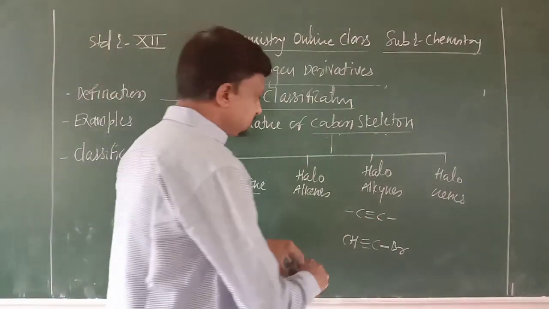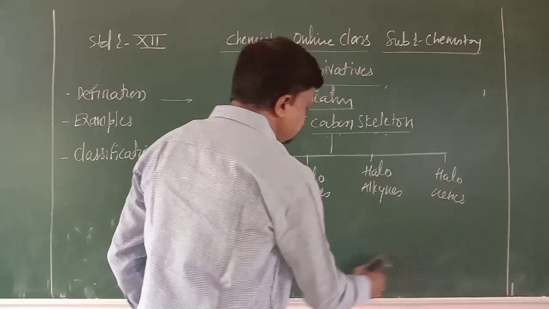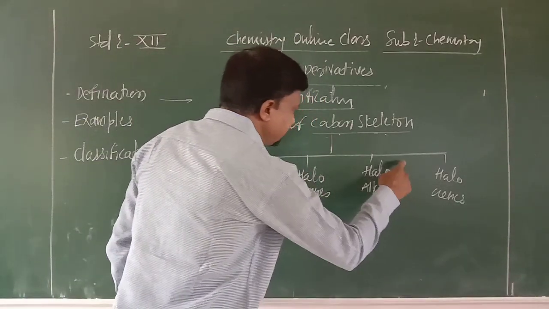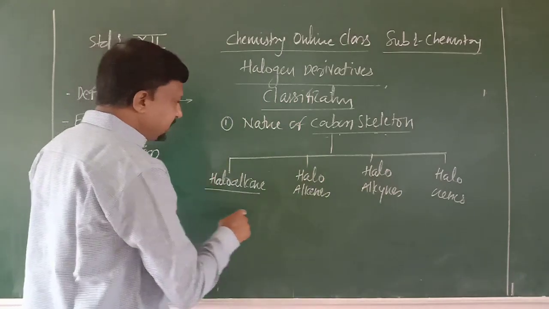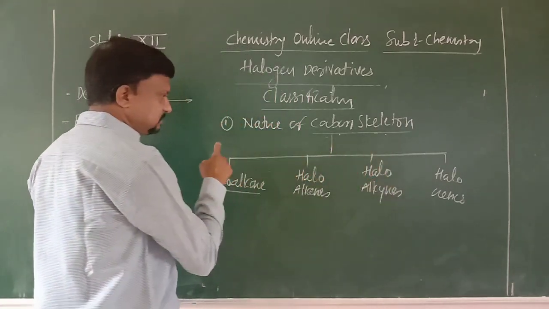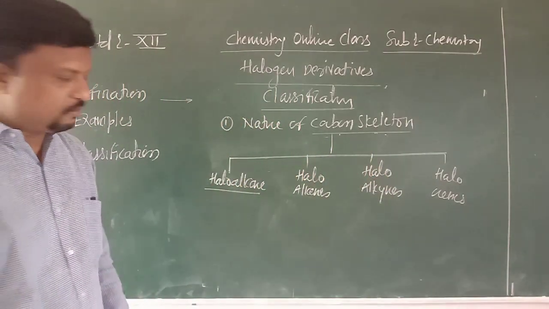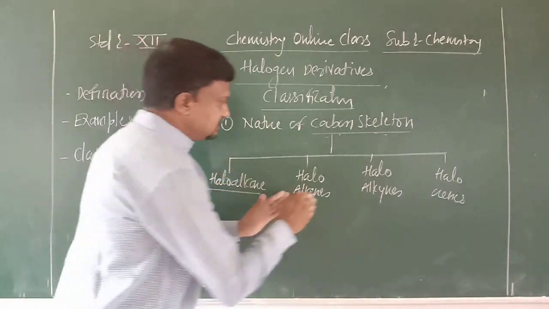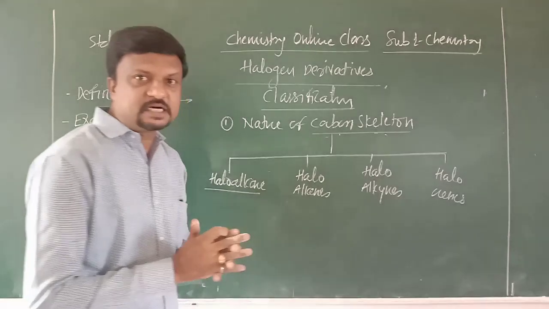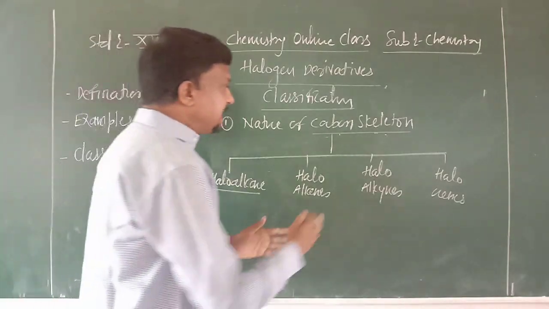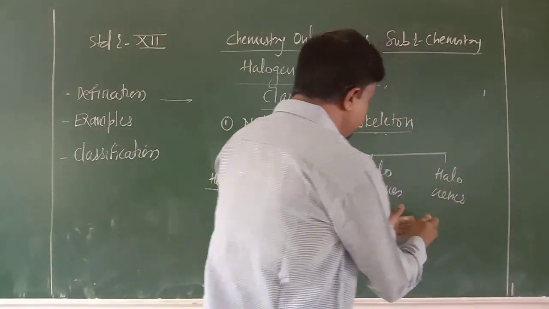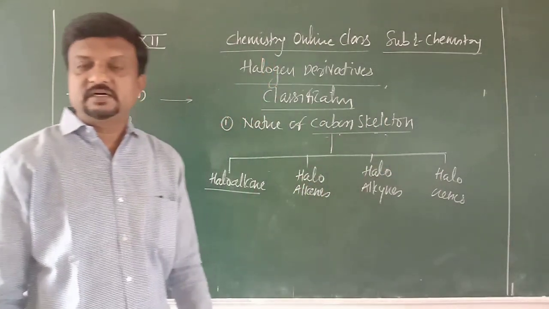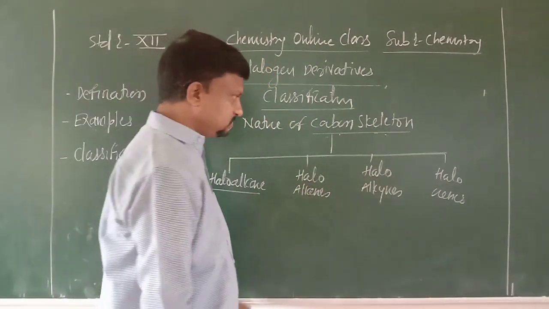And the last type is known as the haloarene. See, the first three parts are related to aliphatic hydrocarbons. The first one is related to saturated hydrocarbons, the second and third are related to unsaturated hydrocarbons, and this fourth one is exactly different from these first three because it is related to aromatic hydrocarbons.